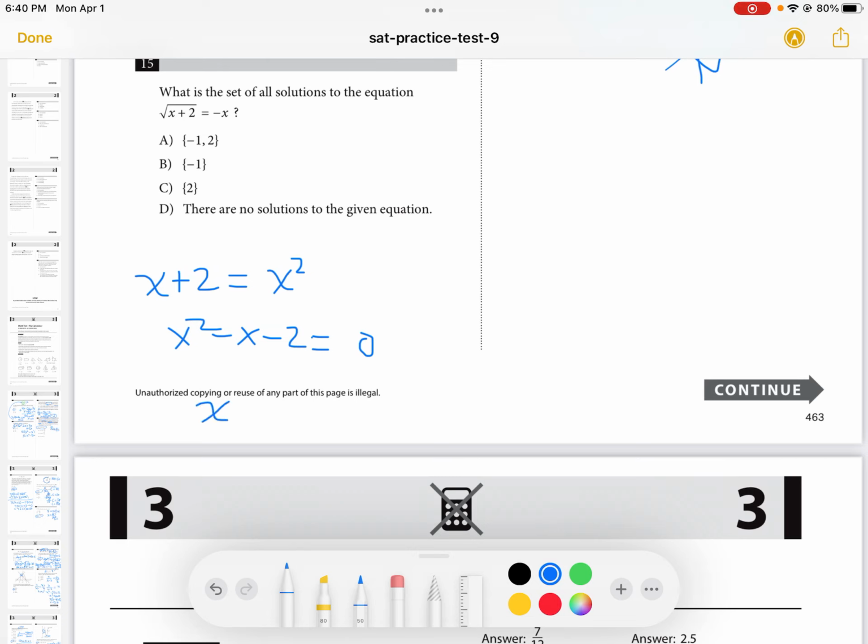Now we have (x minus 2)(x plus 1) is equal to 0. So x is 2 or negative 1.